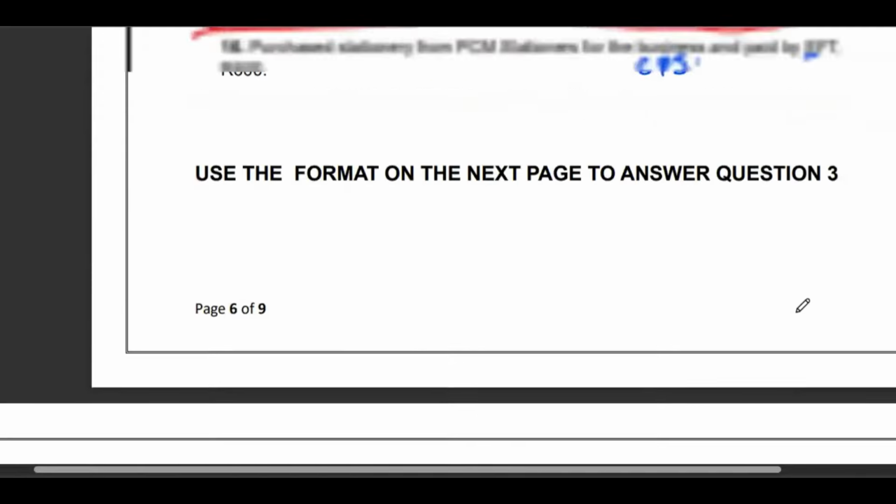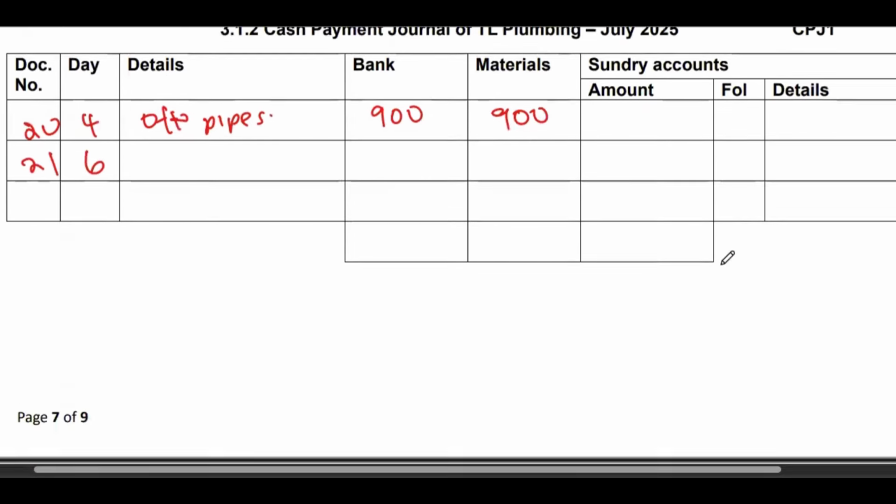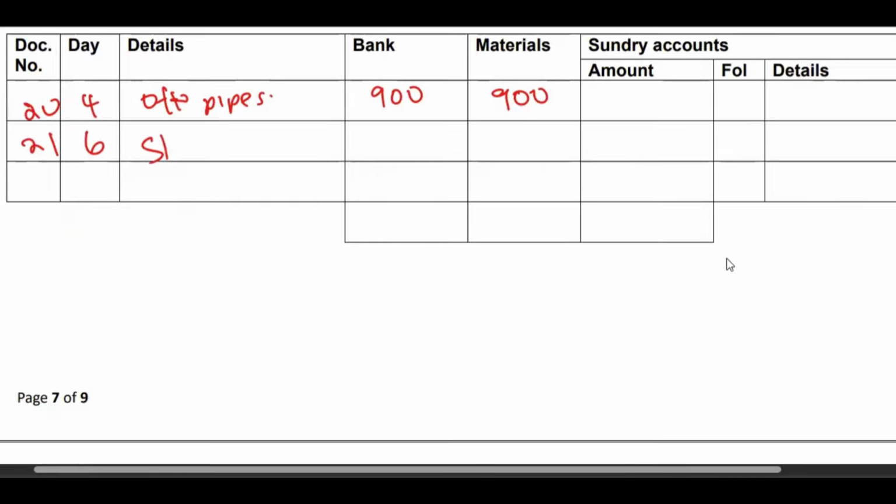So what is the name of the bakkie? Sting Bakkies. Okay, we're going to say this is Sting Bakkies, and they paid 50,000 from the bank. And then we have that amount from the Sundry account, 50,000. And then the details, that's going to be the vehicle.